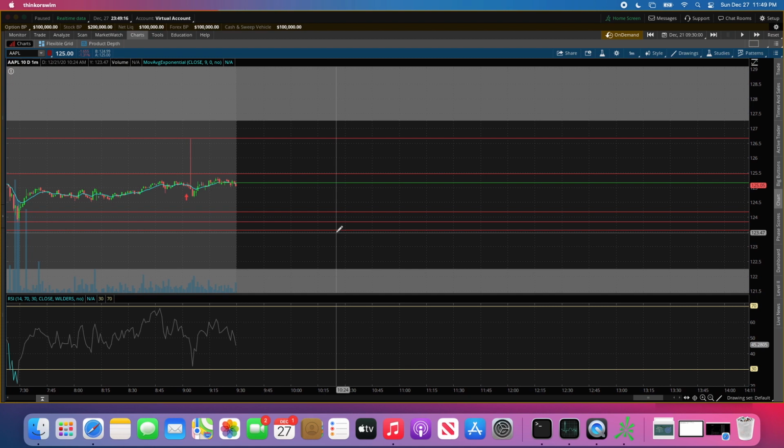But yeah, the main thing is to be really conservative, and that's basically what I did in this trade.